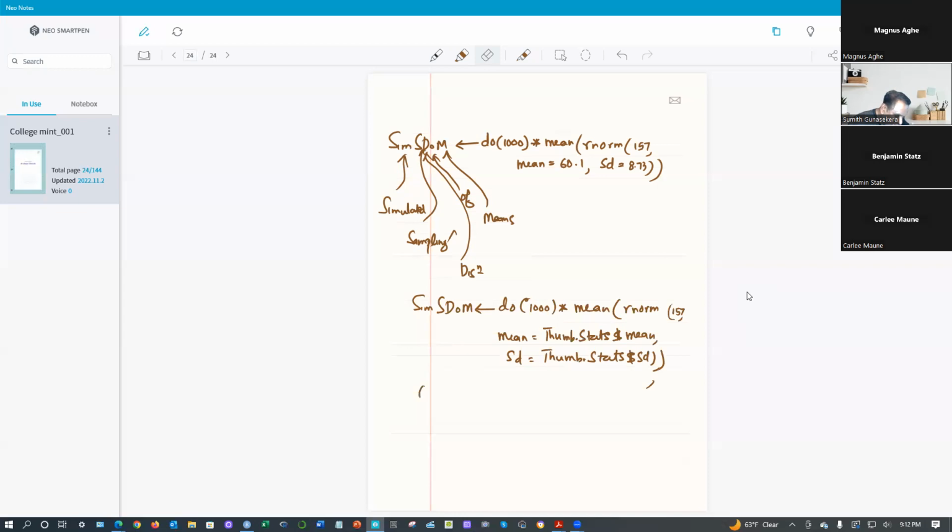How do you get the Thumbstat? First, you can get the Thumbstat. That means 5-number summary, favstats. Go to thumb, and the data is coming from fingers.